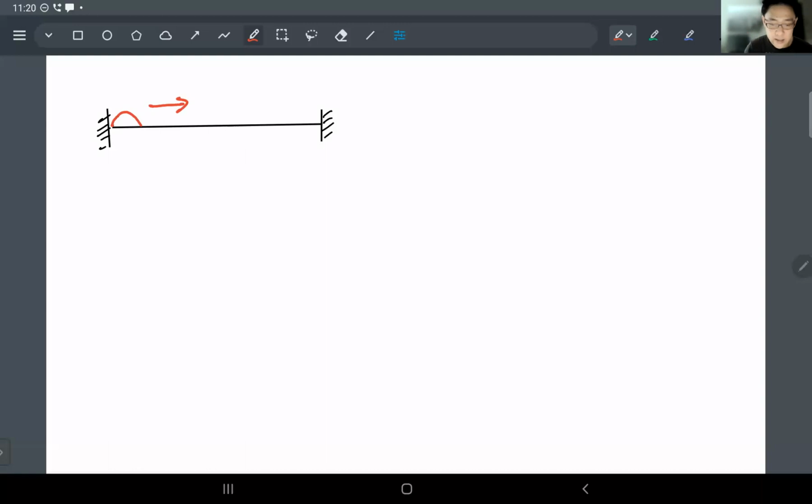But when the wall is fixed in position, the reflection of the wave will flip upside down. That's because of the reaction. The string tries to pull the wall up, but the wall exerts a reaction to that and tries to pull the string back down.